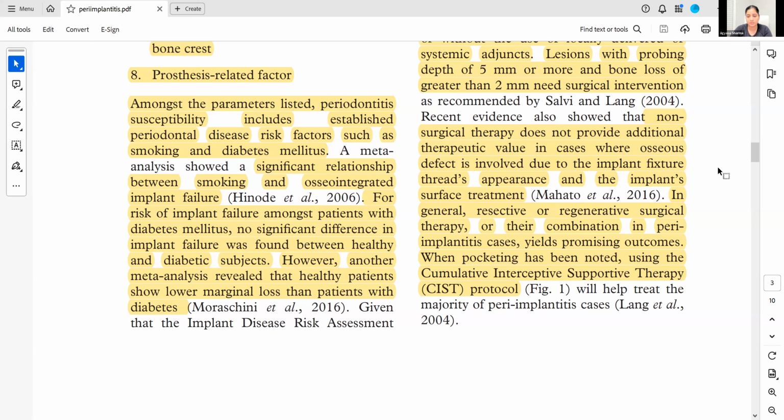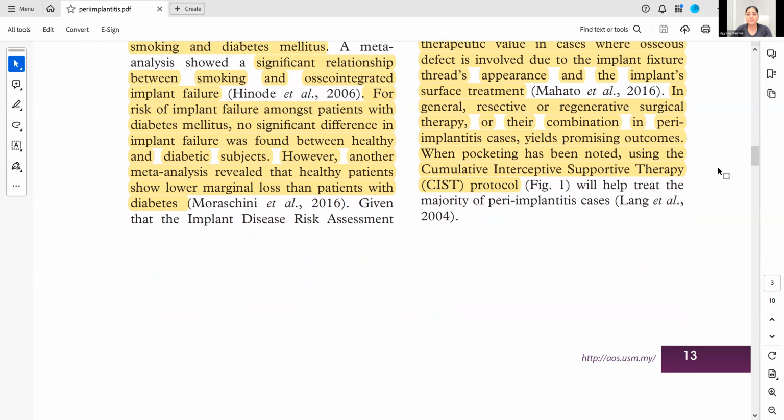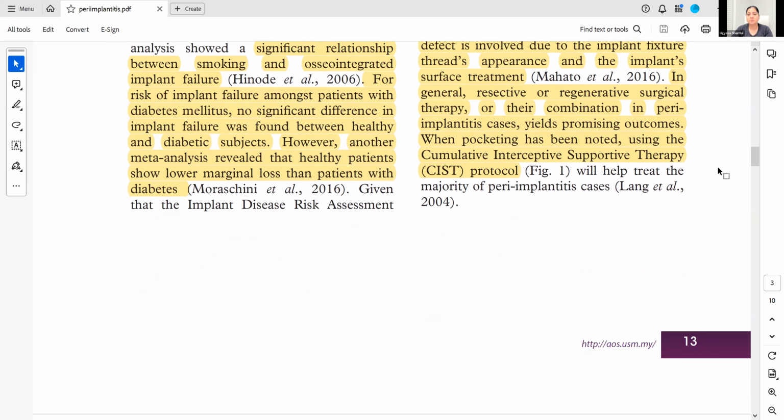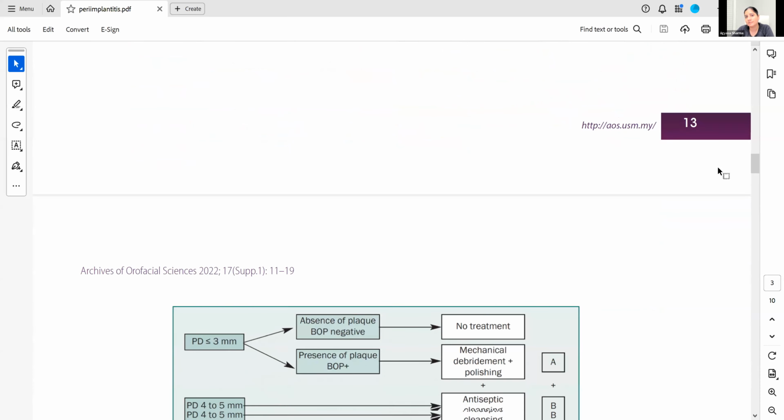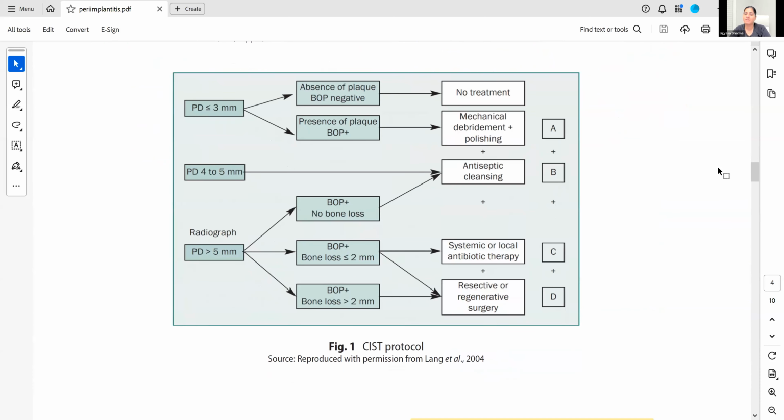Or non-surgical procedures. So when pocketing has been noted, you use the cumulative interceptive supportive therapy protocol, which again gives you a protocol when you have pockets. We know that more than 5 mm of probing depth and more than 2 mm of bone loss will require surgical therapy.